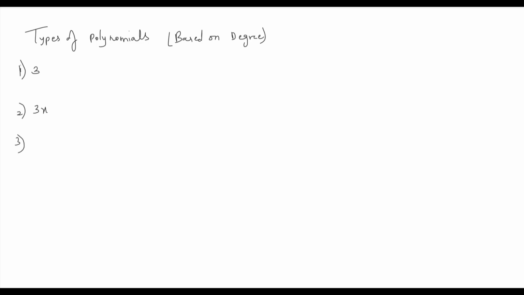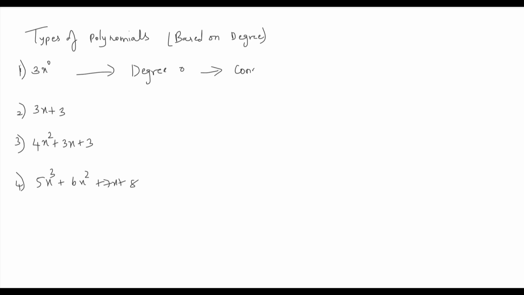Third one, 4x square plus 3x plus 3. Fourth one, 5x cube plus 6x square plus 7x plus 8. When you see these types of polynomials, can we write 3 as 3x power 0? Yes, we can. So the degree here is 0. So we say that it is a constant polynomial.